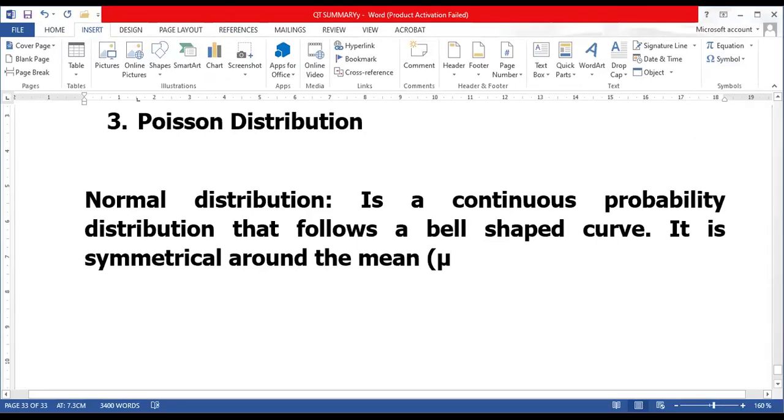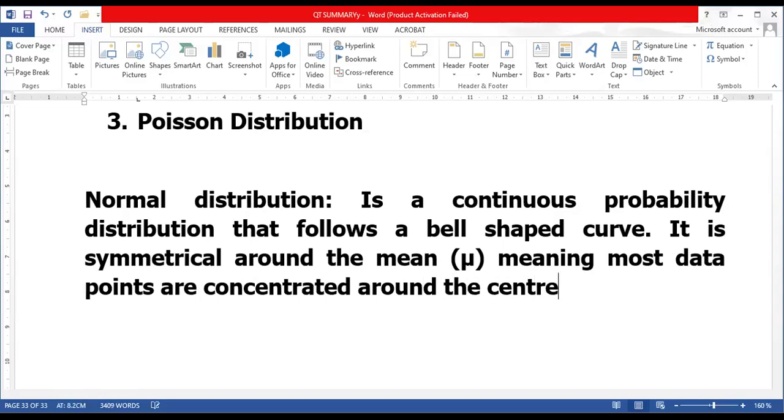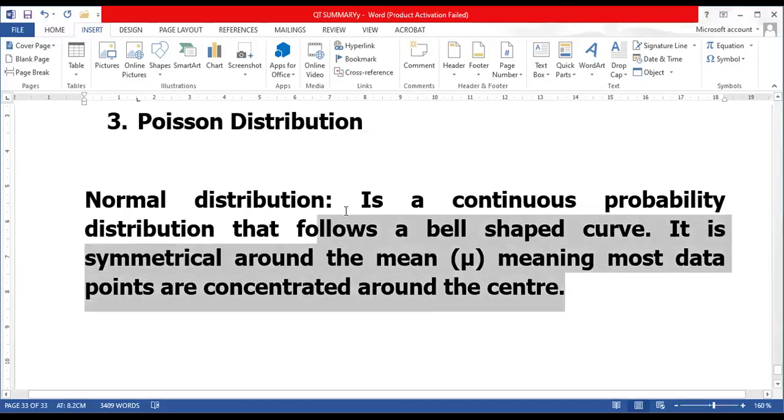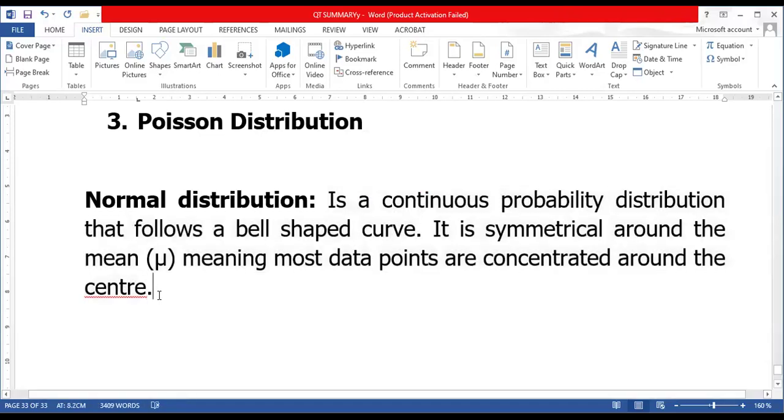It is symmetric around the mean, meaning that most data points are concentrated around the center. So that is your normal distribution probability.